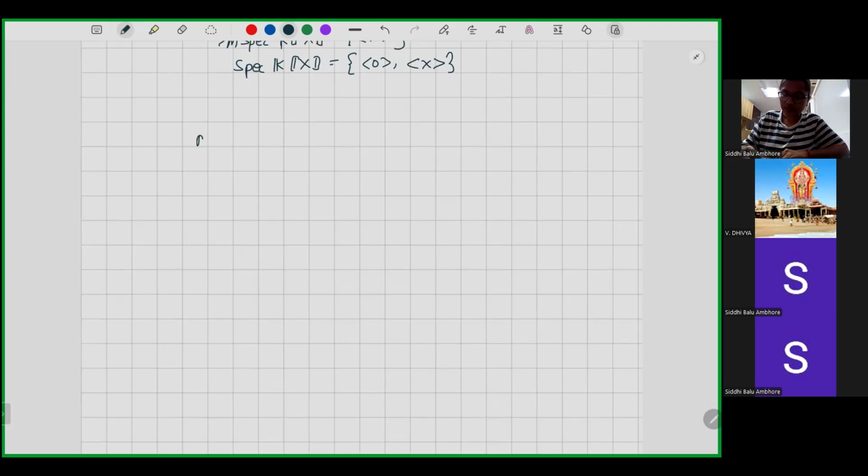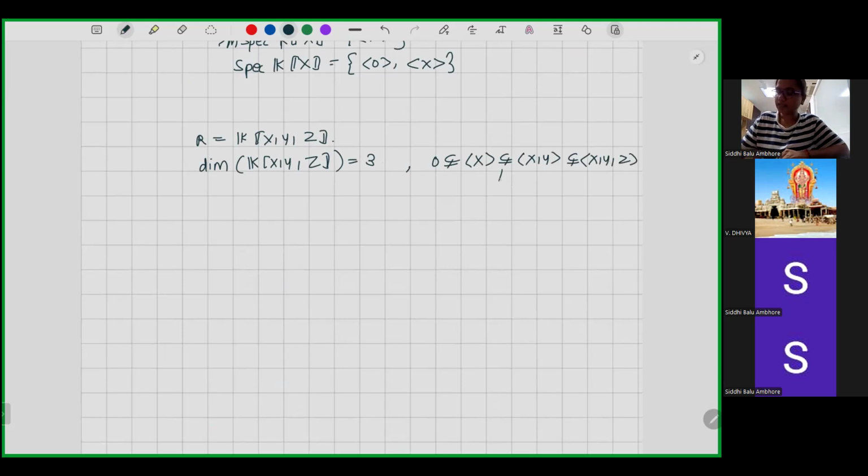Okay. So let us consider R = k[x, y, z]. And so the dimension of this k[x, y, z] is 3, because we have this chain: 0 contained in (x), contained in (x, y), contained in (x, y, z), and we can't insert any ideals in between.